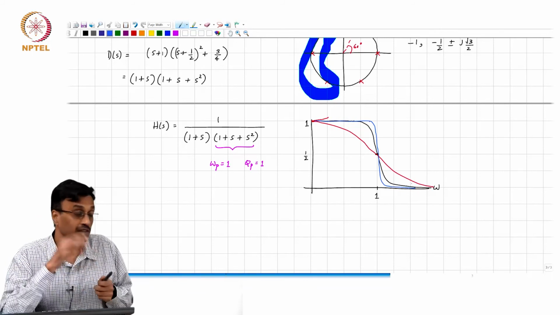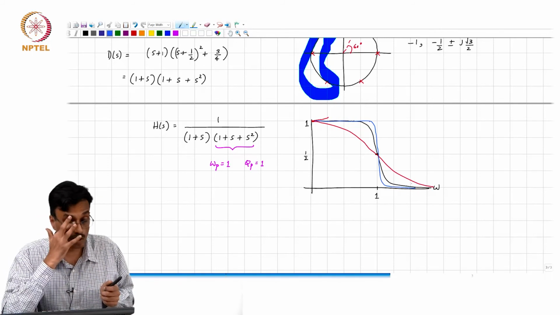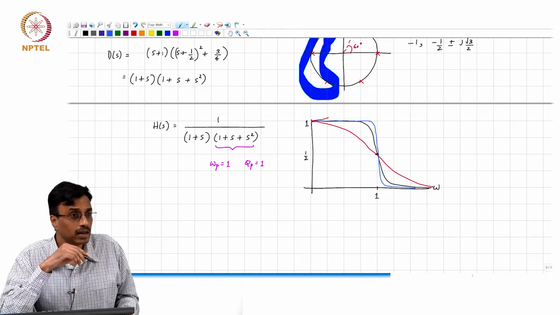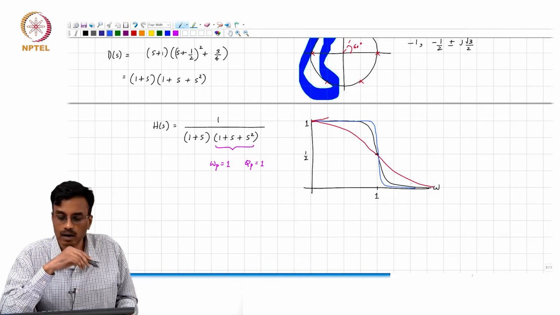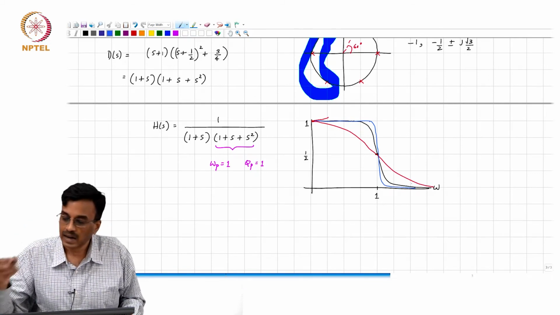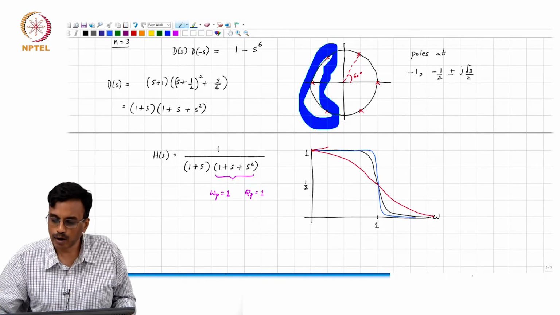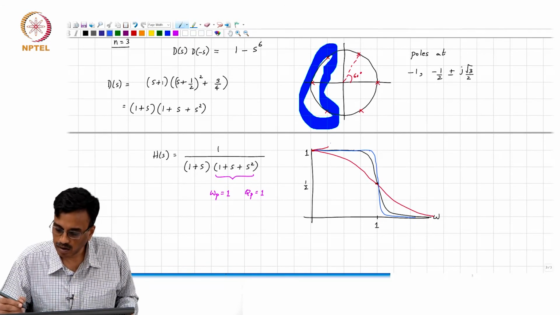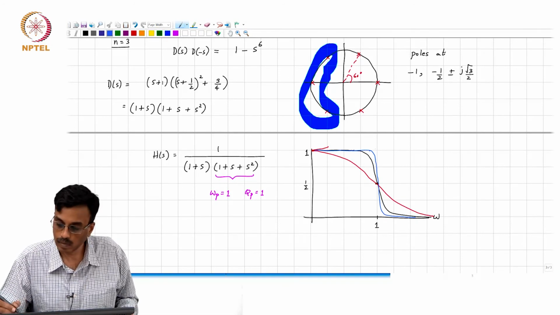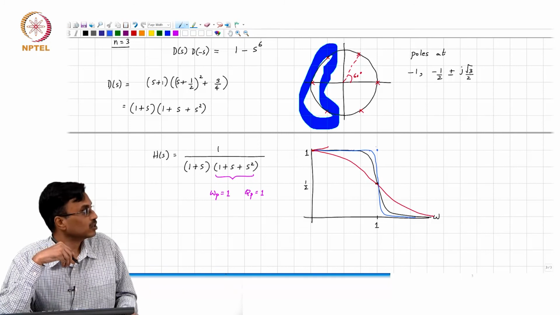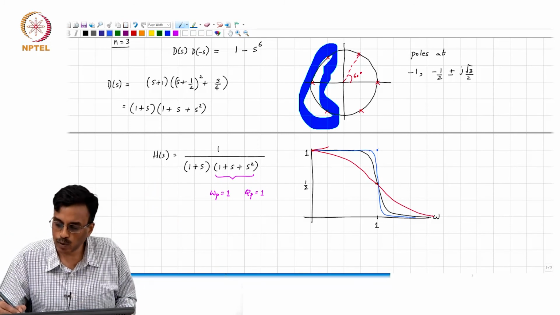And the overall response is the product of the first order response and the second order response, and therefore the second order response must look like, how will it look? Pardon? It will have a magnitude of 1 at omega equal to 1, right? But more importantly, okay, so here it will have a magnitude of 1, right? So it starts off like that, and eventually what does it do?